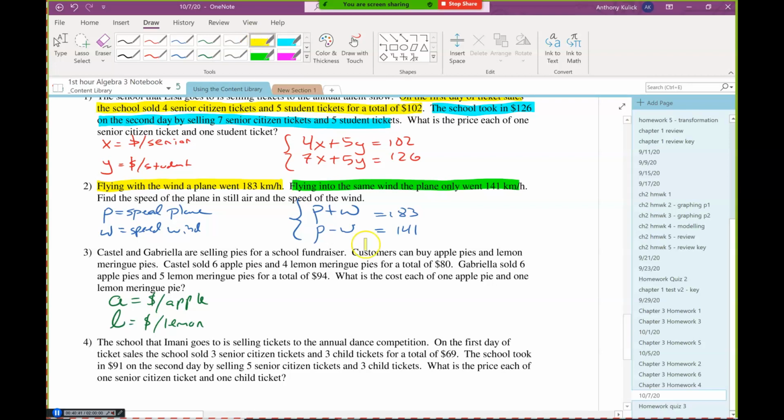Okay. So hopefully when we read this, it seemed pretty obvious that there were 2 separate situations described, right? The first situation here was what Castell did. So what equation can we write here for what Castell did? Yeah, perfect. 6a plus 4l equals 80.